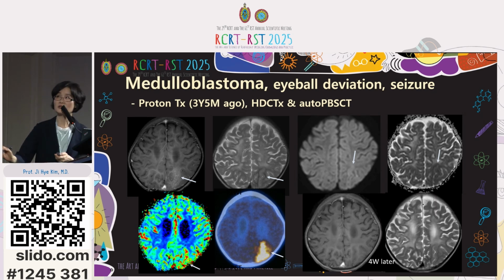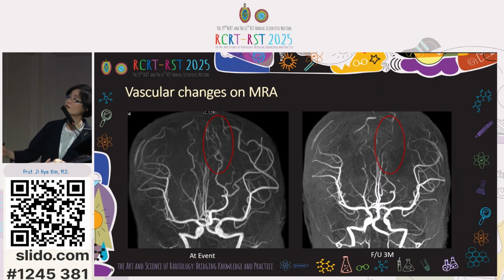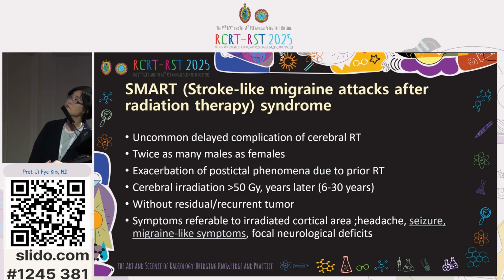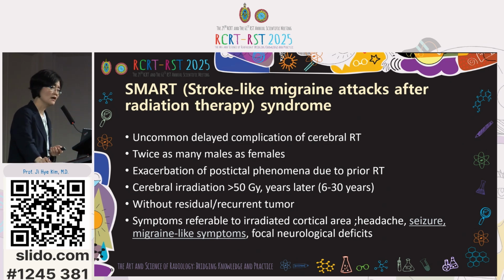However, these MRI findings disappeared after 4 weeks. On MRI, we can see the engorgement of the distal branch of the left PCA, which was reduced on subsequent follow-up images. So I suspect it should be SMART syndrome, an acronym for stroke-like migraine attacks after radiation therapy.